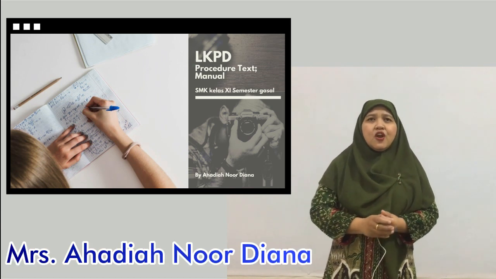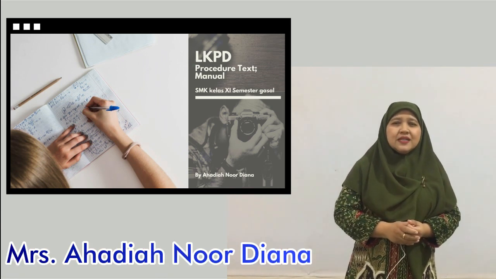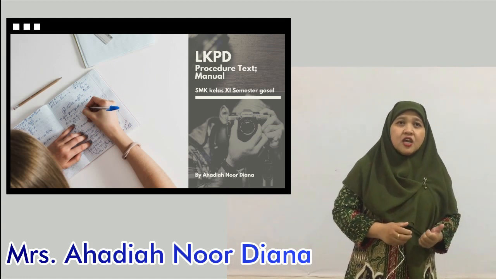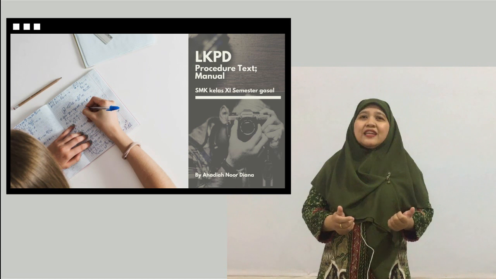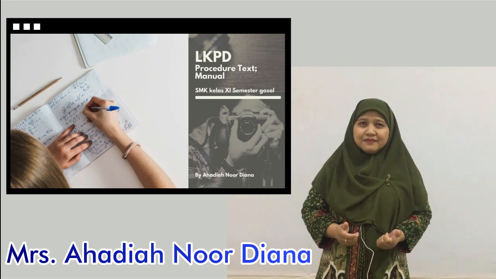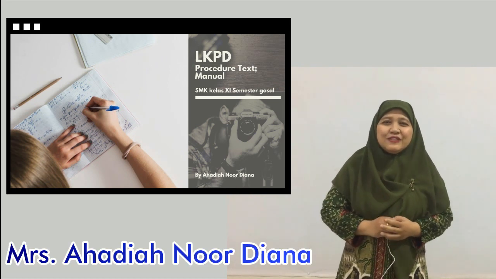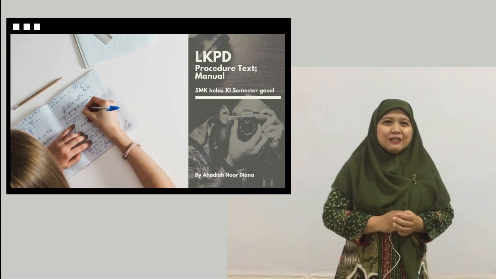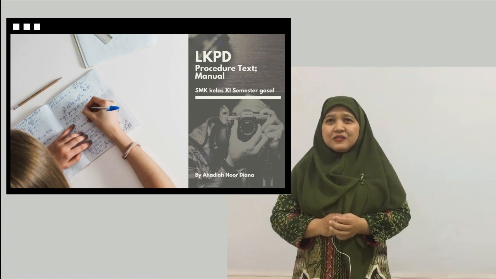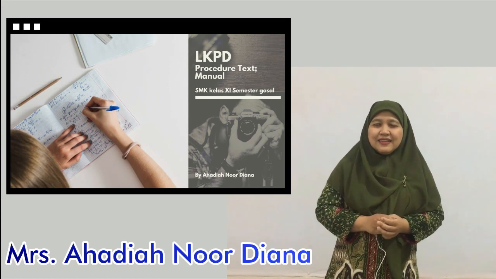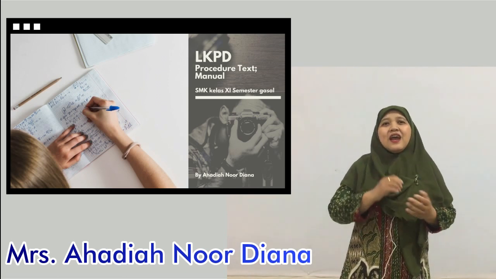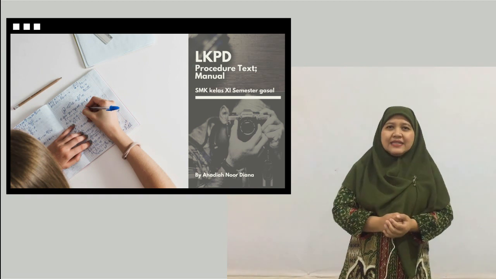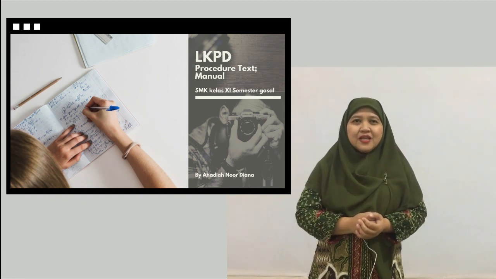The key features of procedure text manual are definition, social function, generic structure, and language features. Okay students, can you explain them if you are given a procedure text manual? Can you analyze them? I hope you can explain and analyze them.